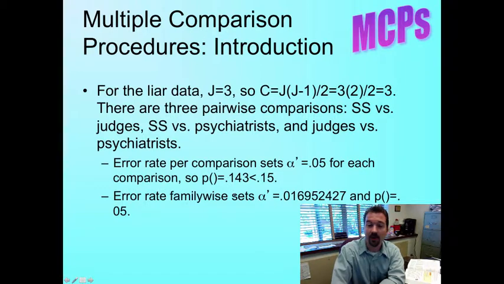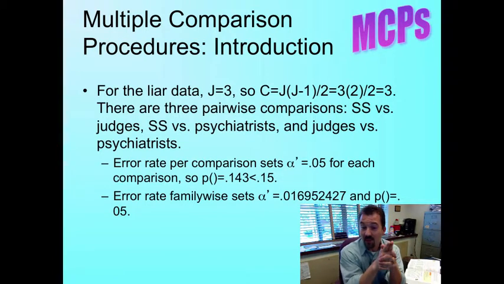However, if you control error rate family-wise, which is a much better thing to do, then you find that basically this is 0.05 divided by 3, okay, which is C, the number of comparisons that you have. 0.05 divided by 3 is basically 0.017. So that means that when you're looking at your p-value, okay, so you run a multiple comparison procedure, you compare Secret Service versus judges, and let's say you find p of 0.04.